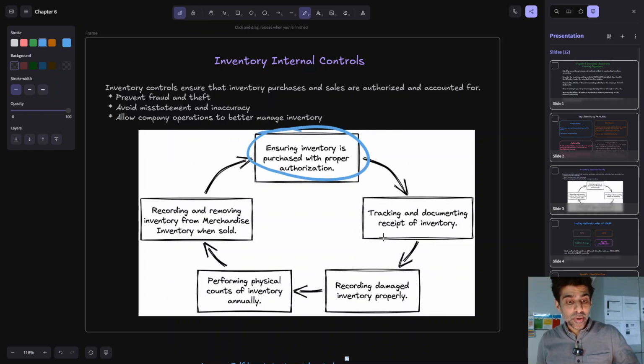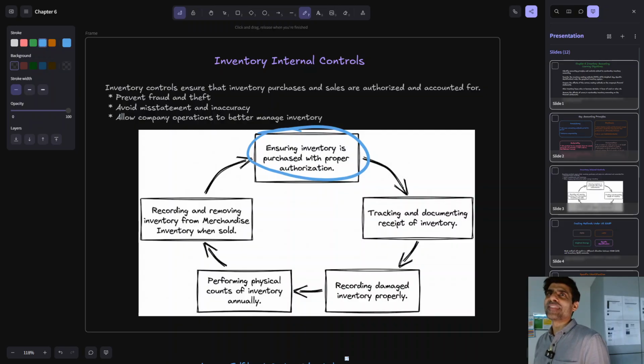Okay, so what are some areas? Ensuring inventory is purchased with proper authorization. So if some employee can just buy inventory on the company's account, what is the potential thing that could happen? Just think like a scammer. What would you do if you were a scammer? I'm not saying any of you are, but if you just had free access to your company's inventory ordering system, and the accounting system, both, what could you do?